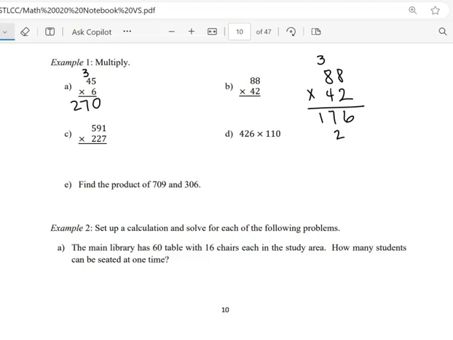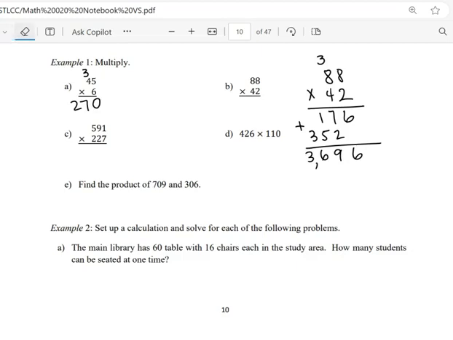So the second 4 times 8 is 32, but then I need to add that lingering 3 from the previous answer to the 32 to get 35. So now I have 2 partial products. You have a 2-digit number that you're multiplying by, so you're going to have 2 partial products. So now we're going to add those together. Step 3, 6, 9, 6, and 3. And that is how you do multiplication.